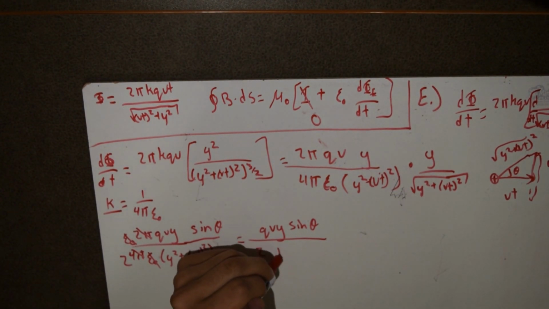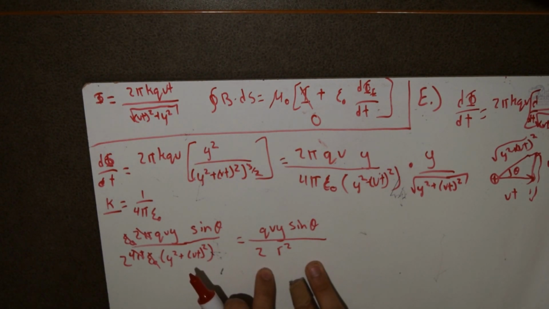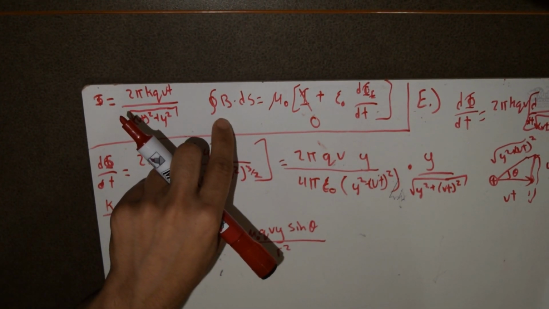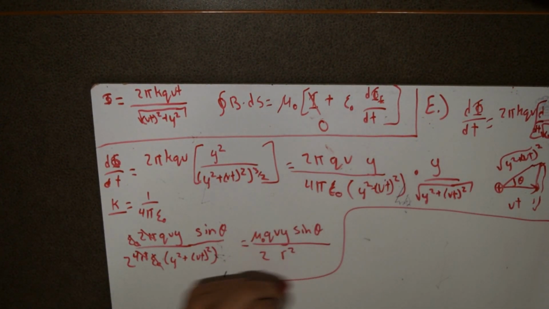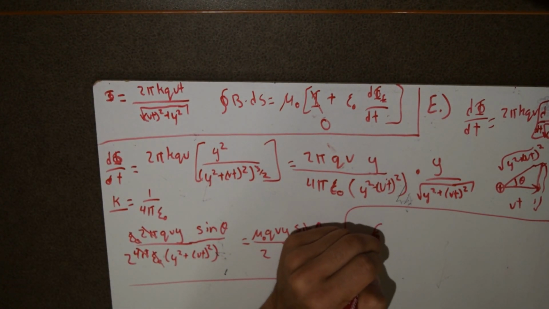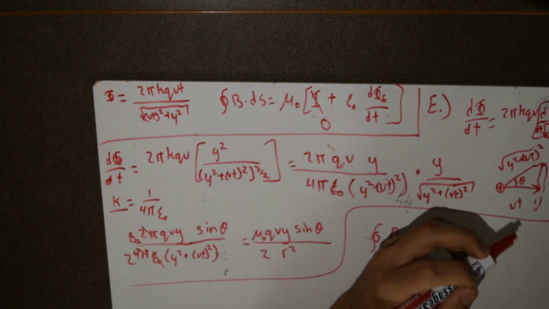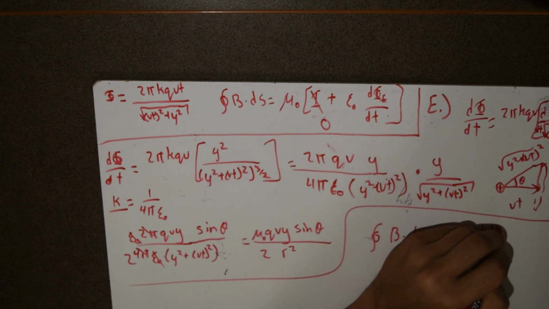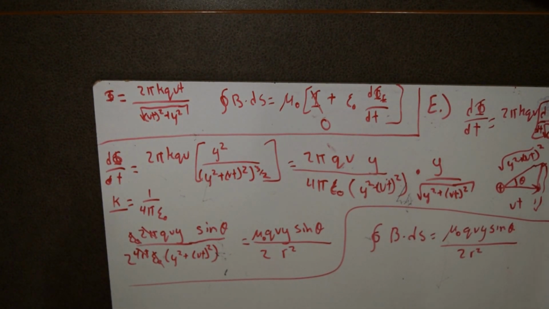So I'll rewrite that as r squared. And this, finally, times the mu naught, gives us the b dot ds. So, new part of the problem, b dot ds equals mu naught qv y sine theta over 2 r squared.